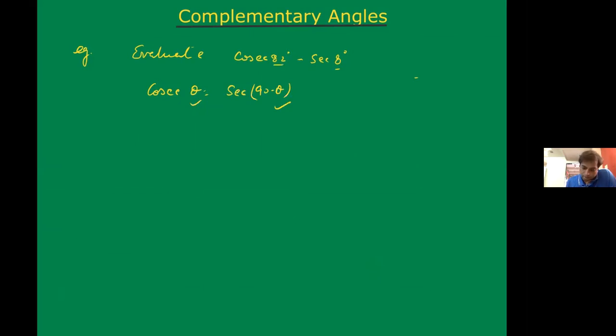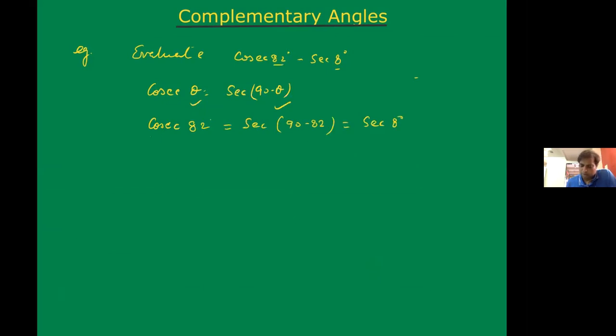So if I say cosec theta with theta as 82 degree, cosec 82 degree equals sec(90 minus theta), with theta as 82, so 90 minus 82. This will be sec 8 degree.